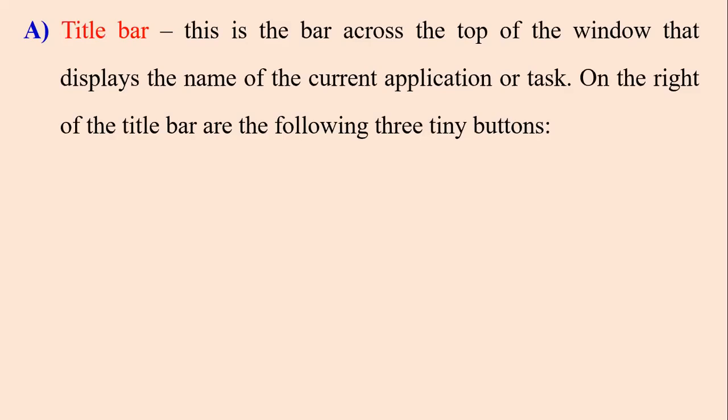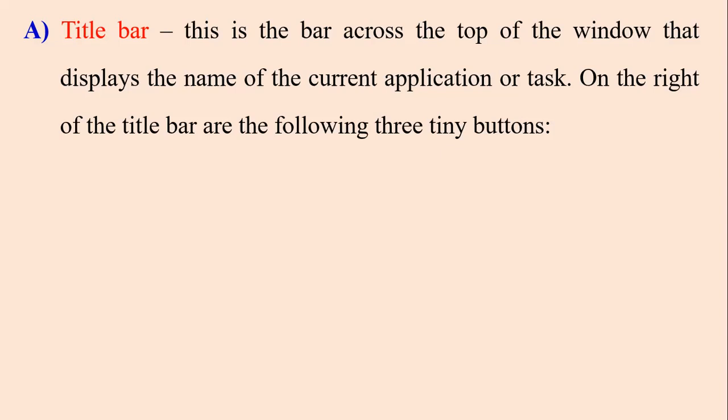So the first one is the title bar, which I have labeled as part A in the first diagram, while in the second, I have given it the title bar. This is the bar across the top of the window that displays the name of the current application or task. So every window that you open will have its name on the title bar.